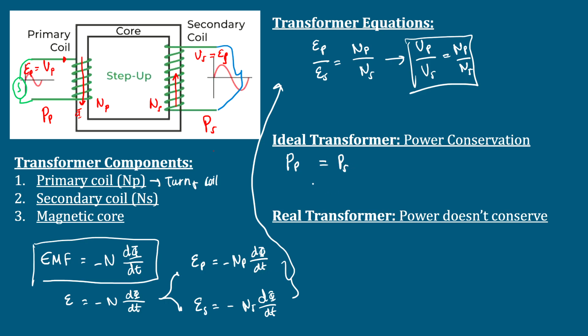As we know, from our previous meeting talking about direct current, power is equal to voltage times current. Because the subscript P is for primary, PP equals PS means IPVP equals VSIS.